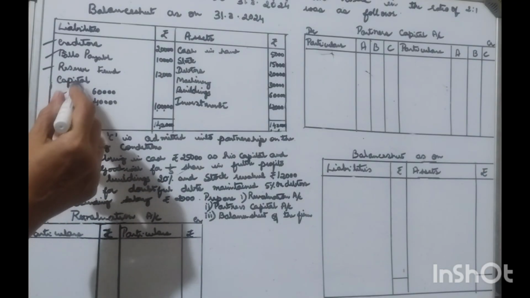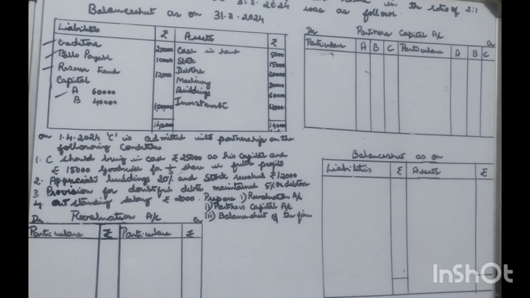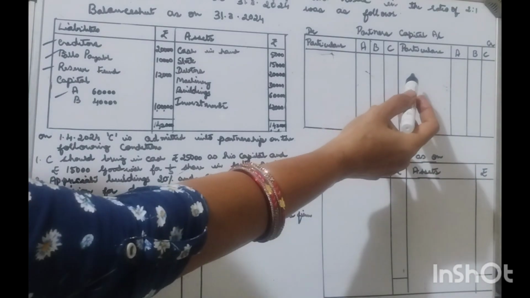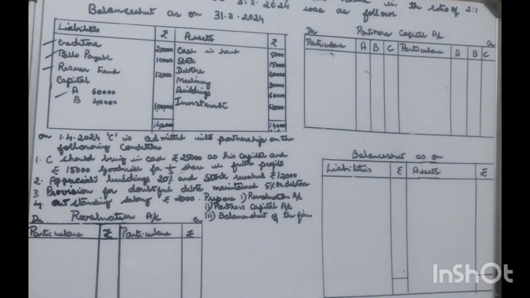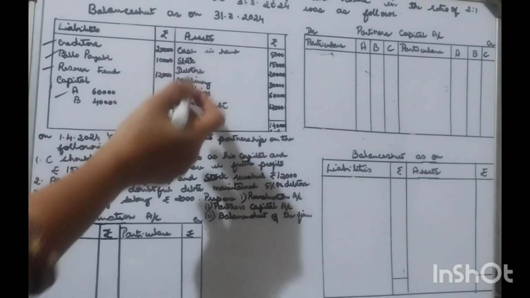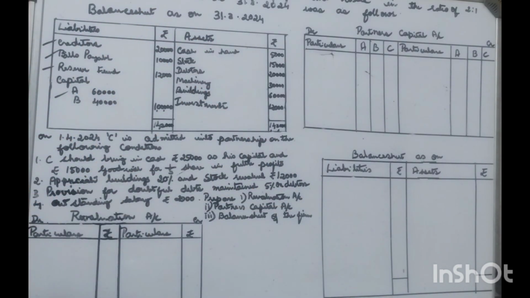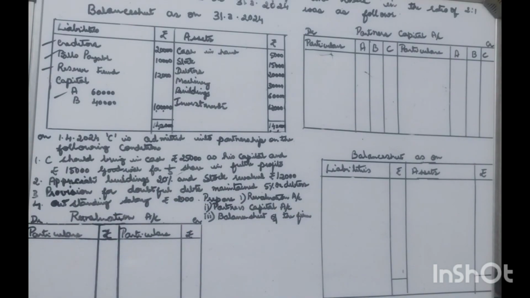The two partners' capitals are also given, so that has to be recorded as balance brought down under partners capital account. Various assets of the firm appear under the asset side of the balance sheet. So let's understand how these entries have to be made.